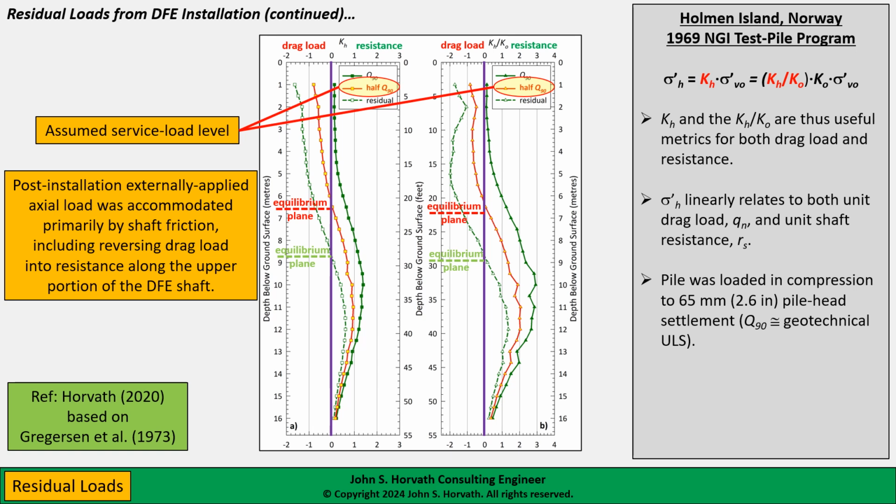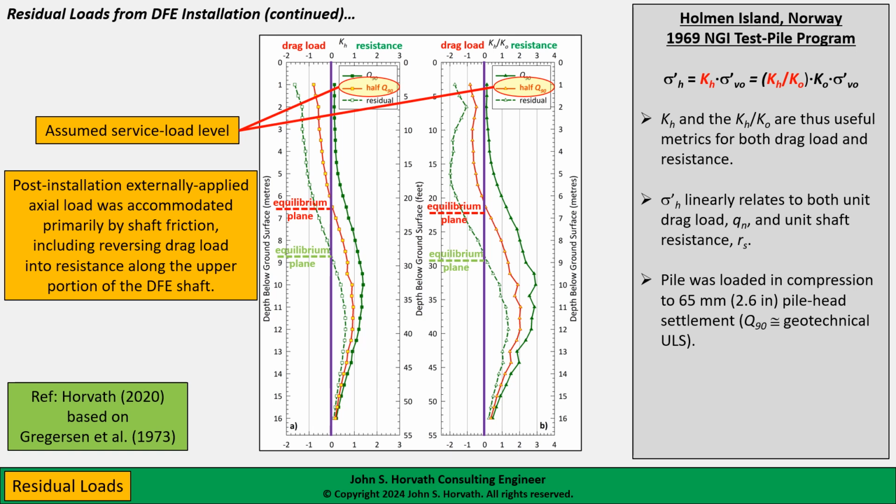So for discussion purposes, half of Q90 represents the maximum service load level, allowable load if you will. And you see that of course the drag loads are reduced, and down here the drag load is converted to resistance. And not surprisingly, the equilibrium plane goes up.